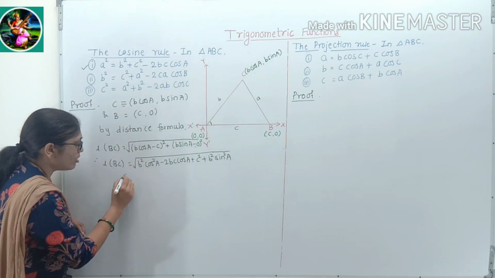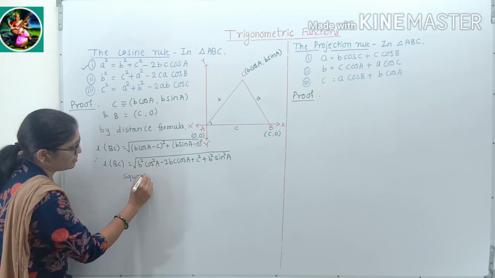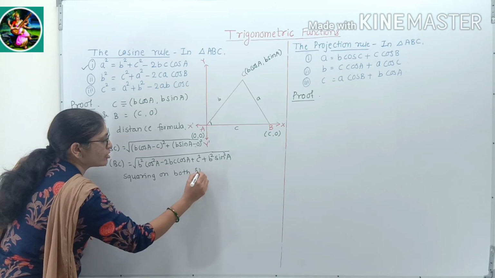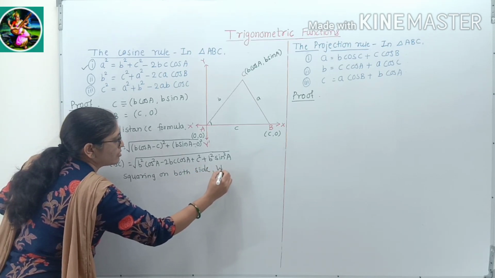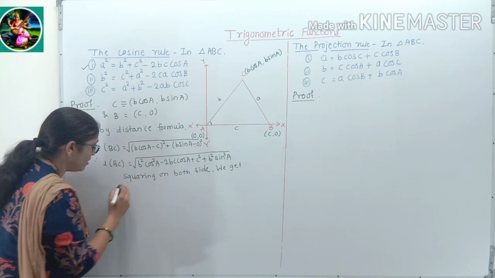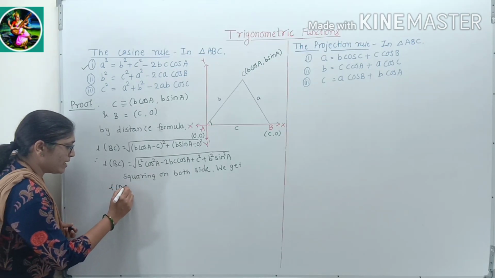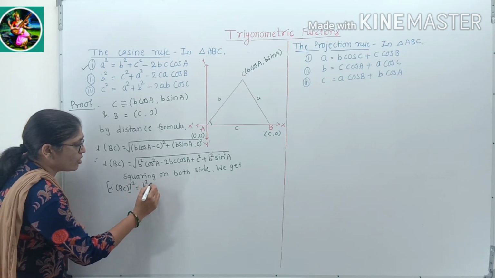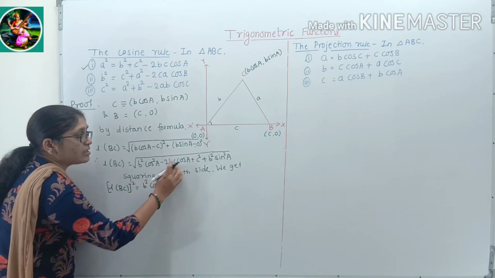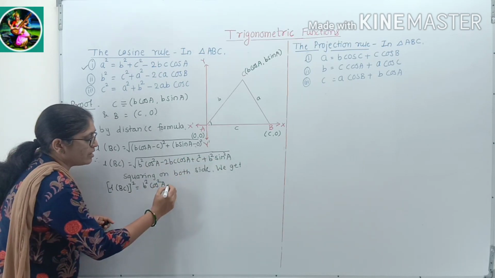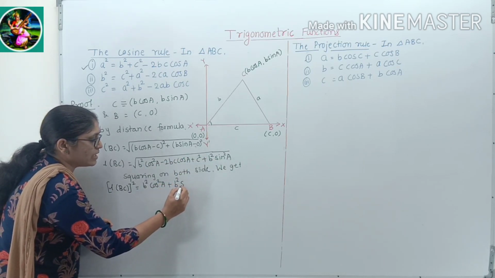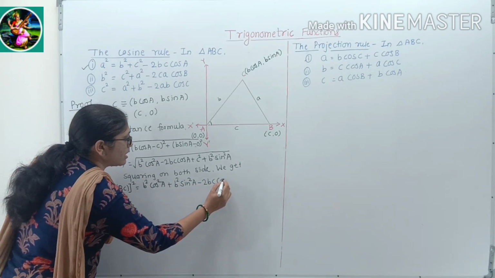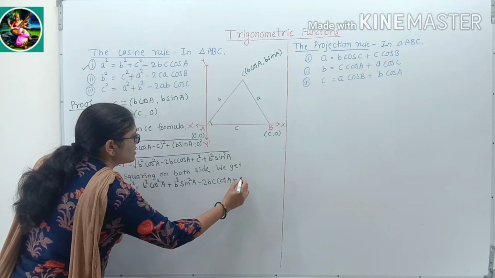Okay, squaring on both sides, we get that the length of BC whole square is equal to b square cos square A, we interchange the terms here, plus b square sin square A minus 2bc cos A plus c square.